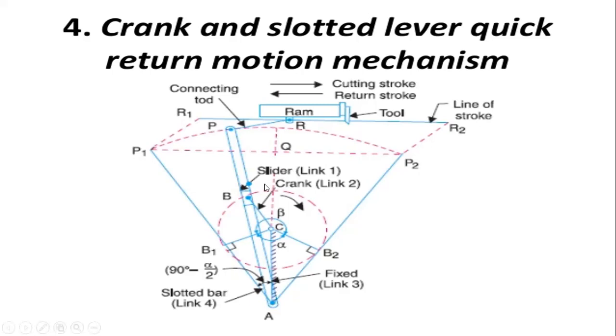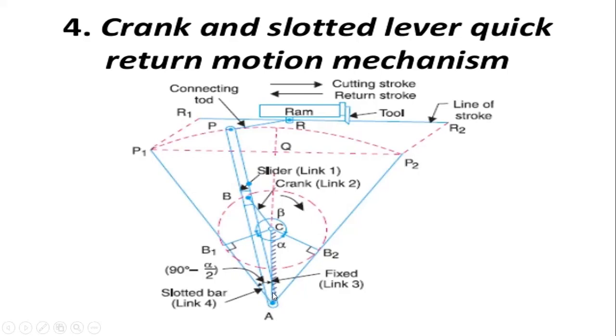So here there are four links. Link 1 is the slider in the slotted bar, and link 2 is the crank, which is moving in the clockwise direction, and link 3 is the fixed link, that is the AC position. And link 4 is the slotted bar.